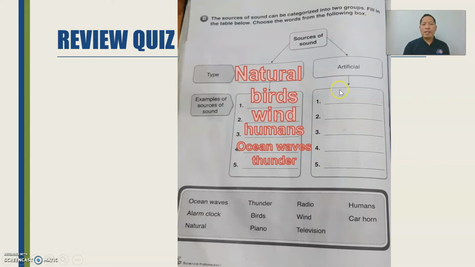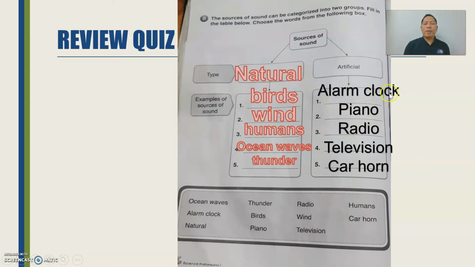Next, let's answer about artificial sound. Artificial sound has 5 examples here in your book. So first, alarm clock. Alarm clock. Next, piano. Piano. Next, radio.